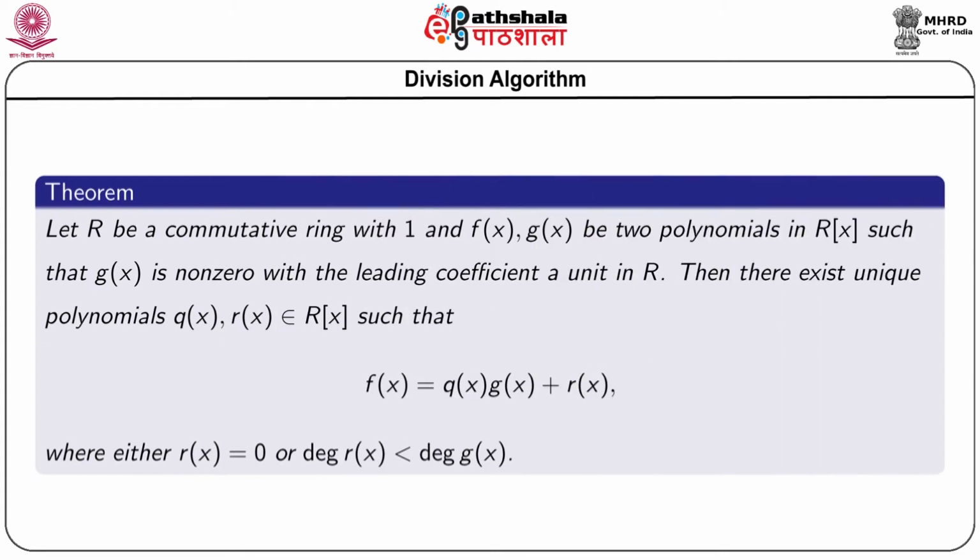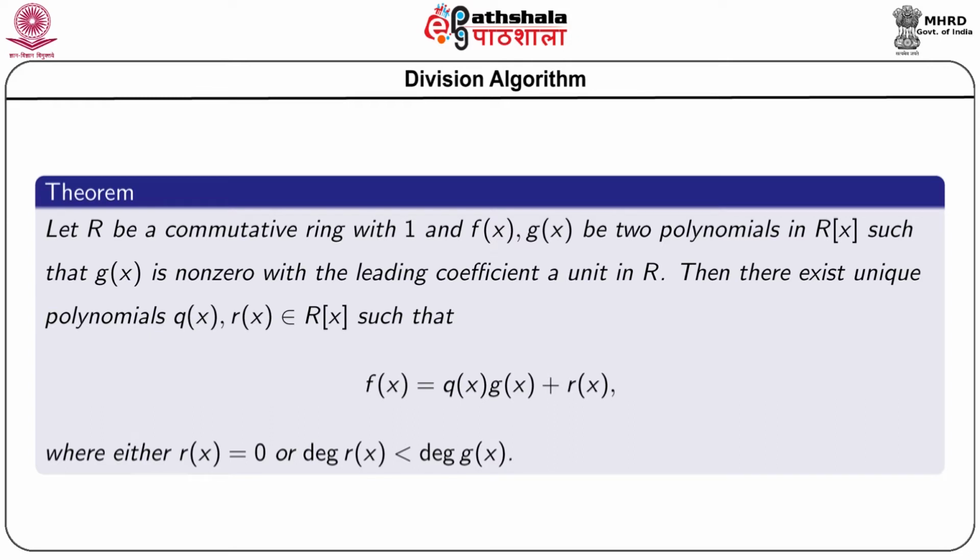Now, the most important fact to notice is that if we want to divide a polynomial f(x) by some non-zero polynomial g(x), then we have to assume that the leading coefficient of g(x) is a unit. To explain this, let us consider two polynomials g(x) and f(x) over Z, the ring of all integers.